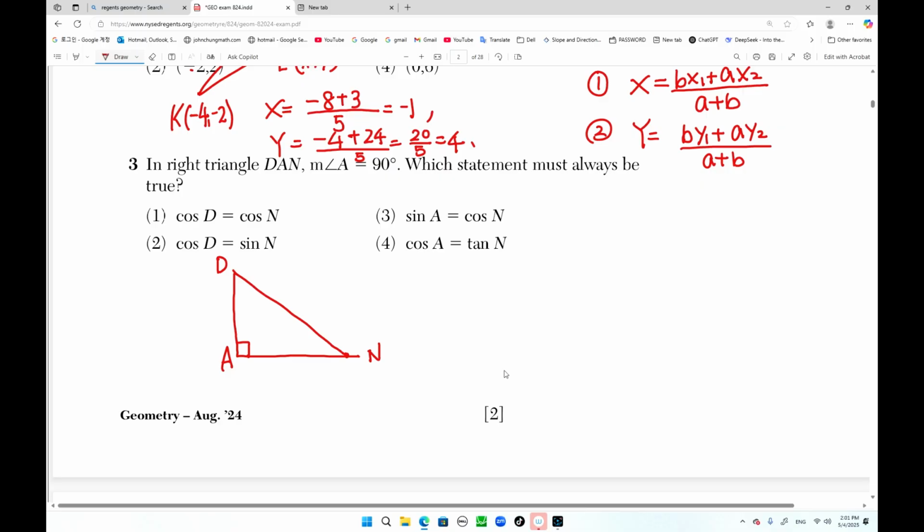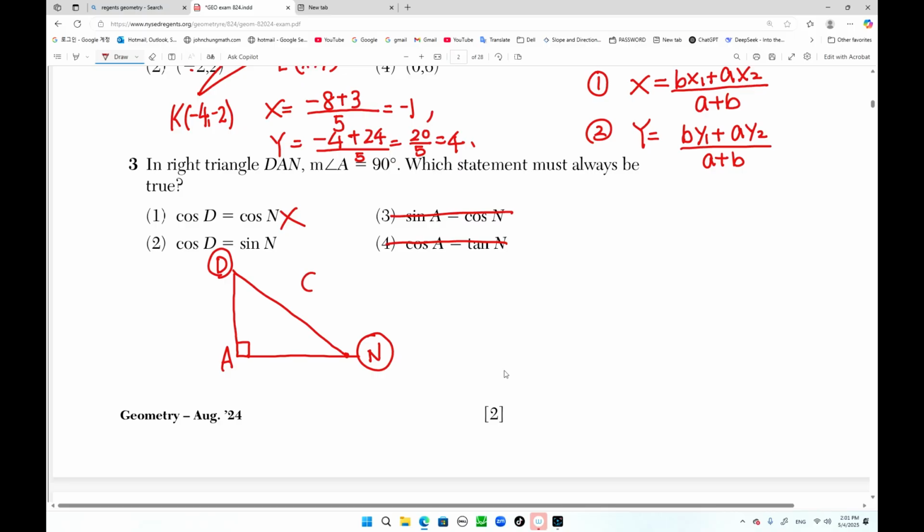Yes, sine and cosine using the two acute angles. Sine A, that is not an acute angle, okay? This is wrong. This is wrong too. Cosine D equals sine A.